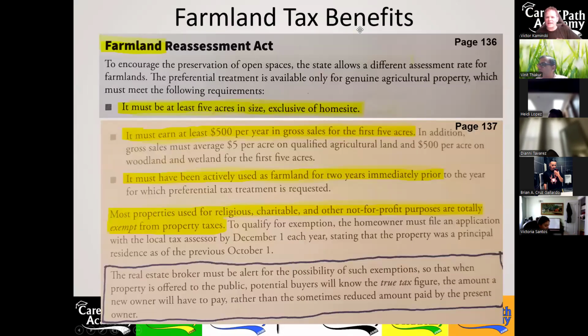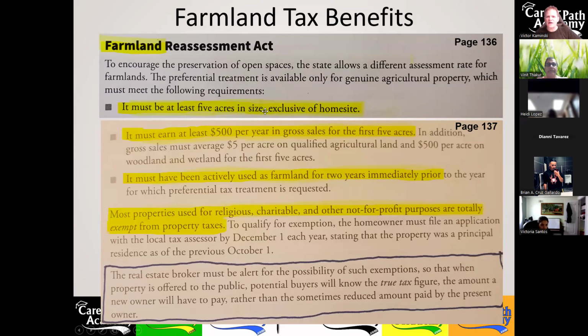All right, farmland tax benefits. To encourage the preservation of open space, and New Jersey is known as the Garden State for a reason, we have a lot of farms here, the state allows different assessment rates for farmlands. This preferential treatment is available only for genuine agricultural property, which must meet certain requirements, and those requirements we need to know for exams.